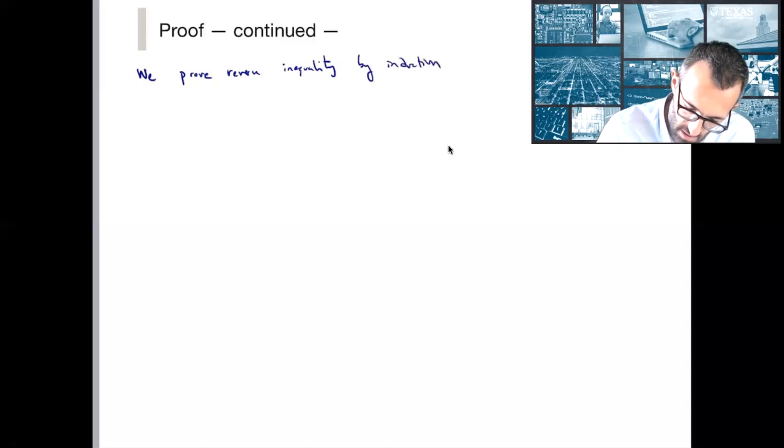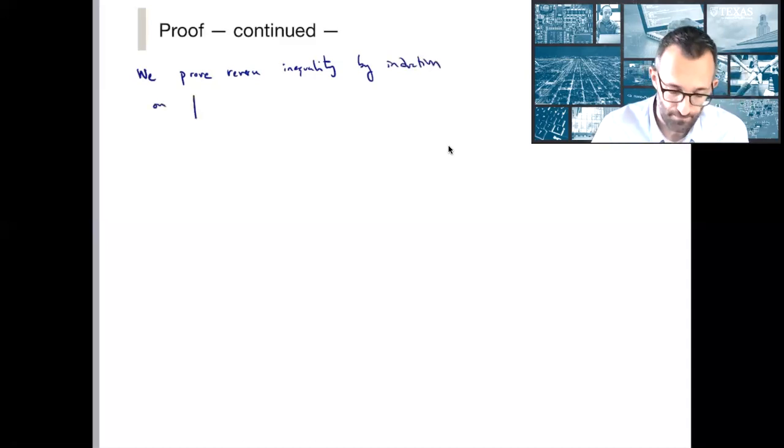And it goes as follows. We're going to prove this, no surprise, by induction. We're going to prove the reverse inequality by induction on the following set.